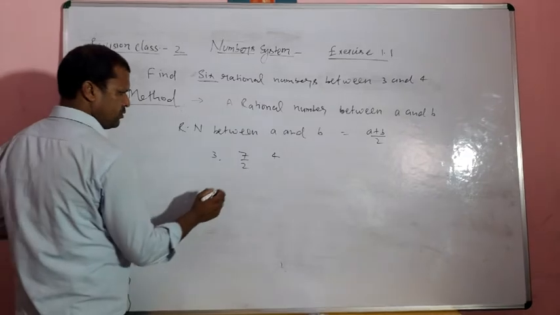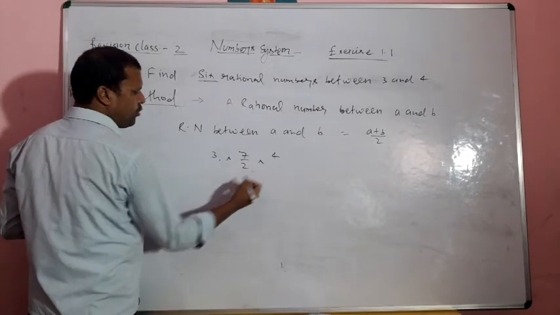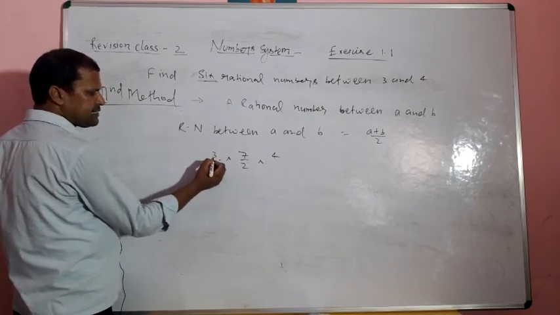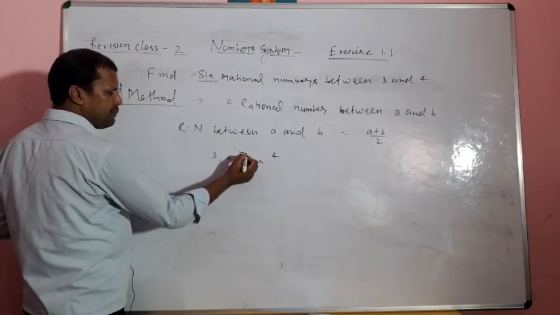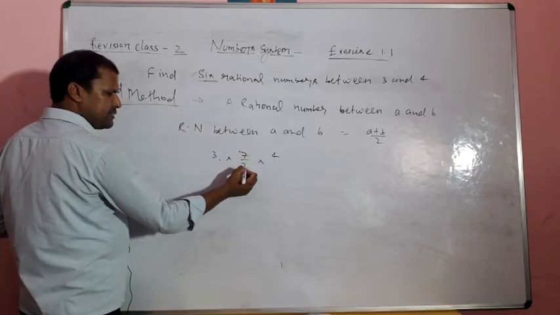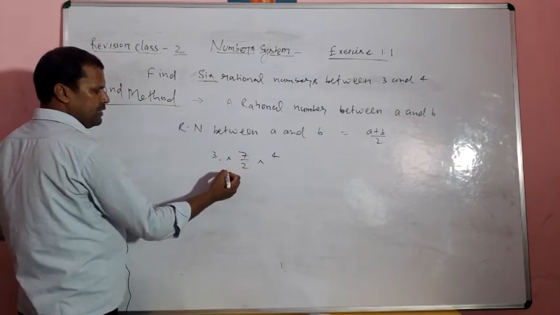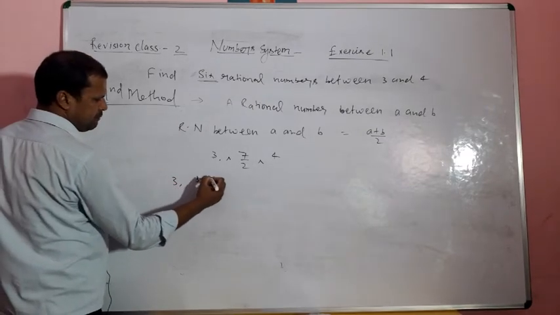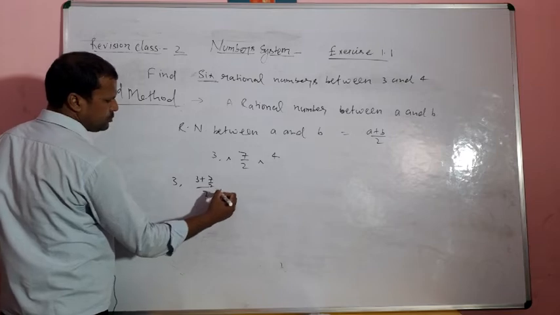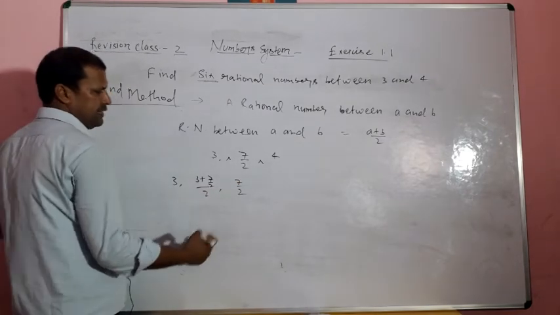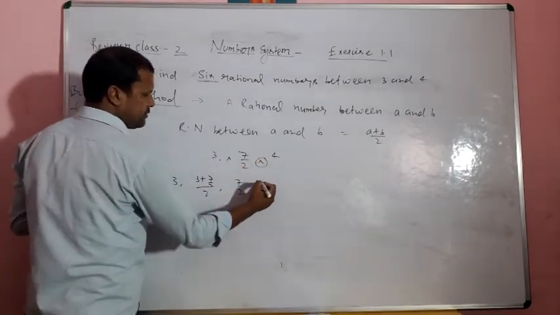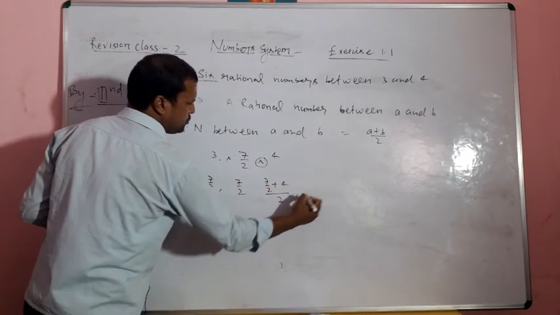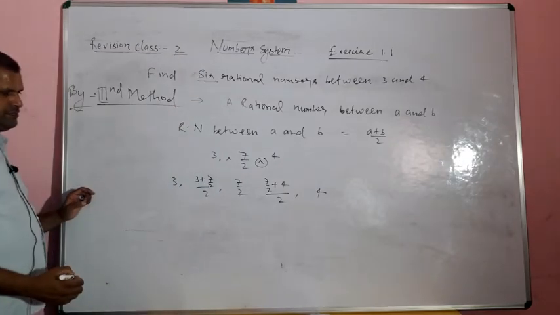Now we insert some more numbers between these places. Here at the place of A is 3, at the place of B is 7 by 2. So for this we can write 3, then (3 plus 7 by 2) by 2, then 7 by 2, then (7 by 2 plus 4) by 2, and the last one is 4.